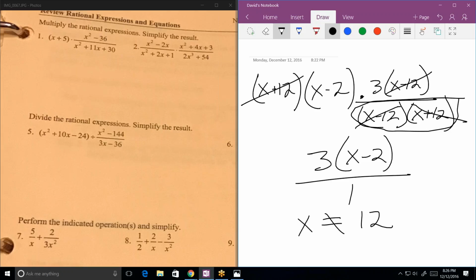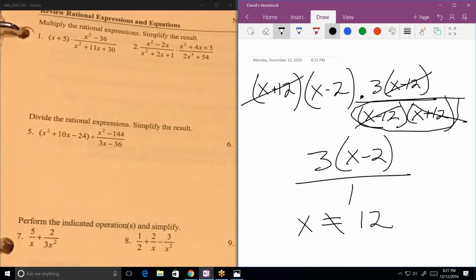It isn't. Because once I flip it, make it multiplication, now x can't be either plus or minus 12. But that's not a true statement. The only thing I know for certain is that originally I was dividing by 3x minus 36, so that's the only thing that can't be 0. And that only happens when x is plus 12. That makes sense.